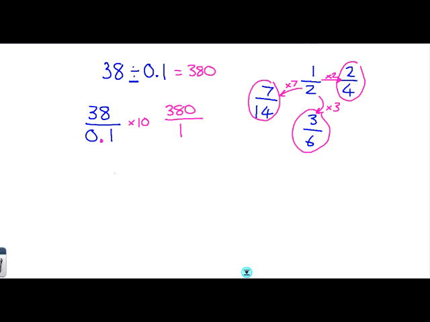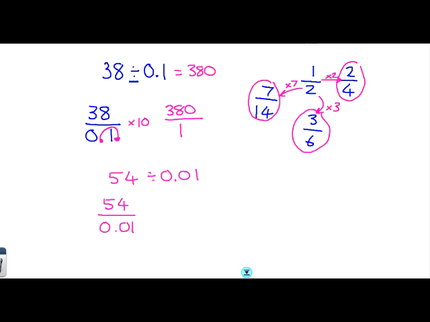Let's try a different one. Let's do 54 divided by 0.01. So I'm going to write it as a fraction. On the first one, we timesed it by 10 because there was only one decimal place we needed to move.